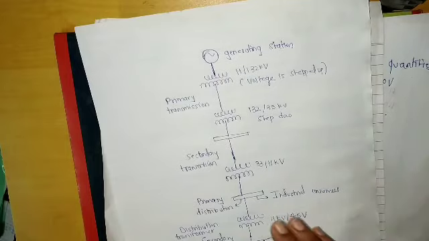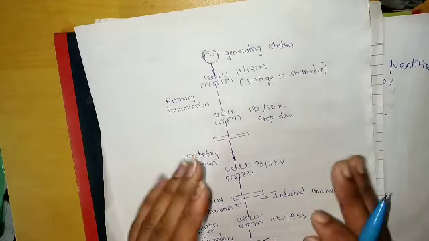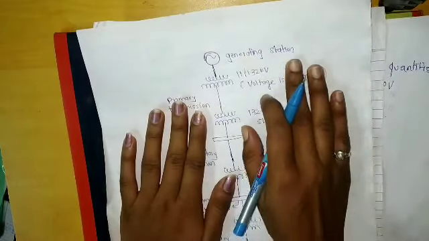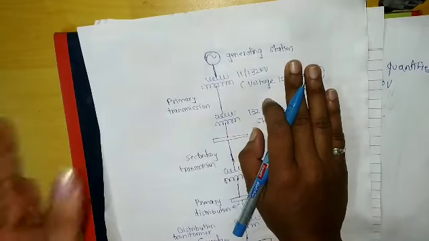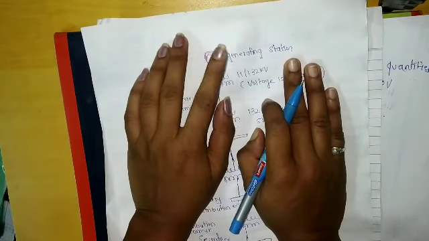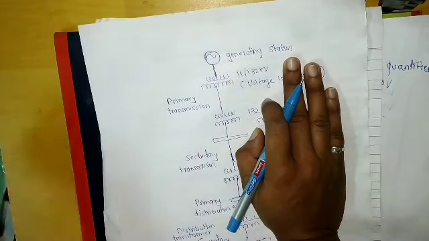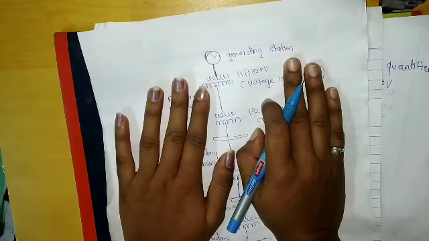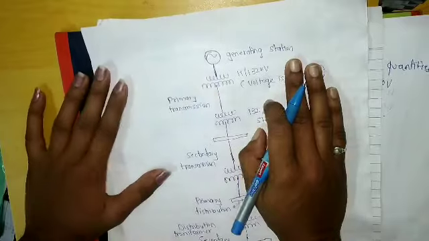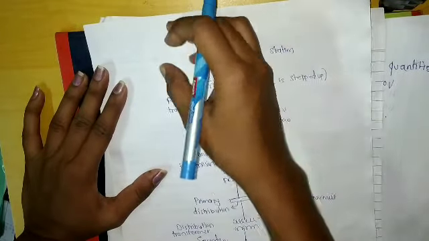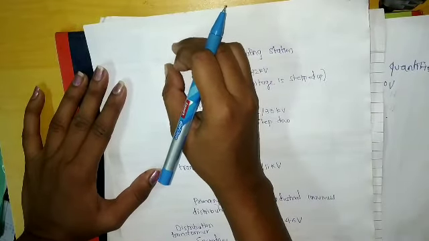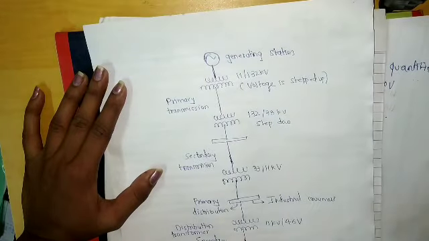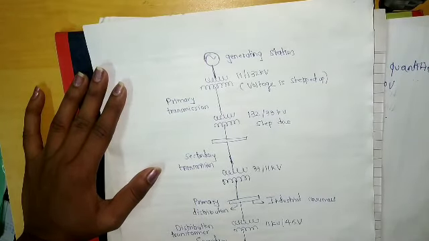Our electricity is generated in generating stations, right? I have told you earlier also that hydropower plants, nuclear power plants, and many other power plants produce electricity. From that power plant, we have to take the electricity to the distribution, that means to the consumers.